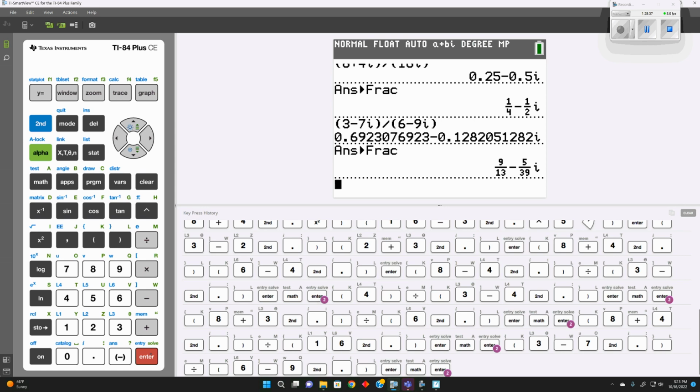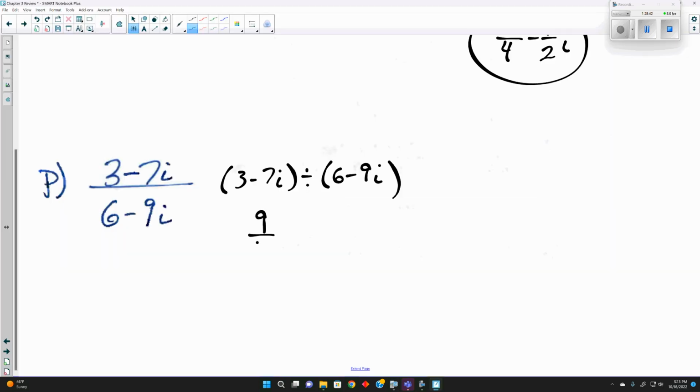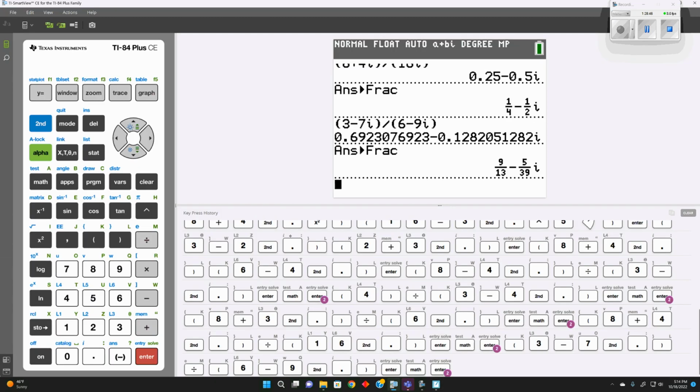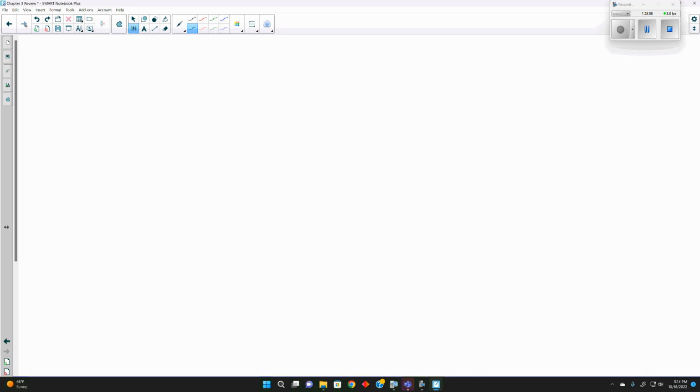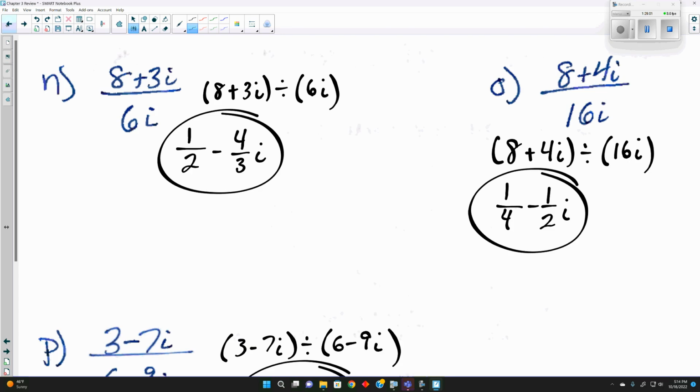So we have 9/13 minus 5/39 i. That there is our final answer. And again, with any of these divisions, we want to leave it as a fraction, not as a decimal. Okay.